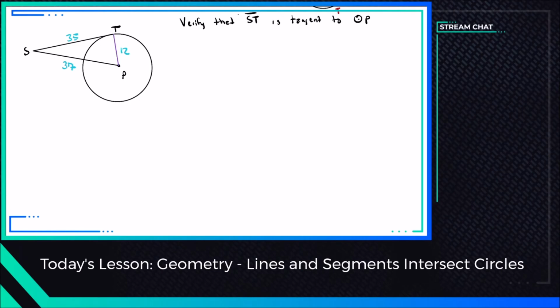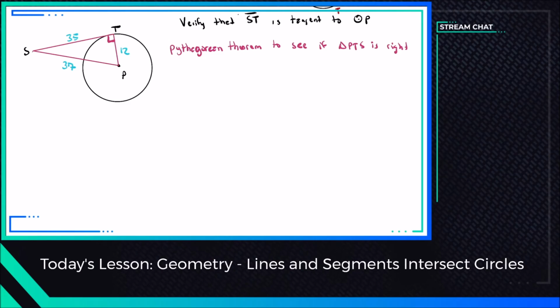Well, notice here that now if I highlight this all in this pink color, we form a triangle right there. And we know that we can test if this is a right triangle by using the Pythagorean theorem. So we're going to use the Pythagorean theorem to see if triangle PTS is right. And if that is a right triangle, then we know that these intersect at a right angle, and we could call ST a tangent line.